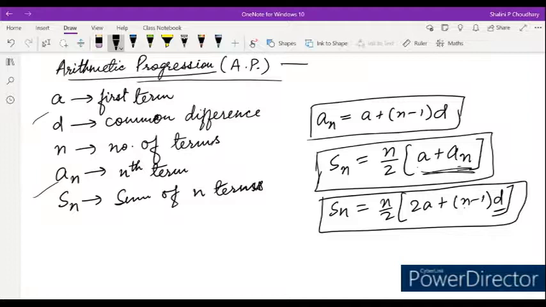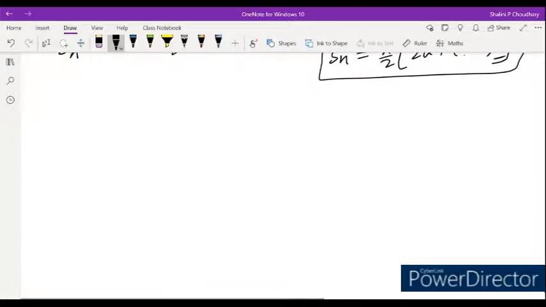Now we'll do one sum based on this concept. The question is: the income of a person is 3 lakhs in the first year. It means a, the first term, is 3 lakhs. Now he receives an increase of 10,000 to his income per year.